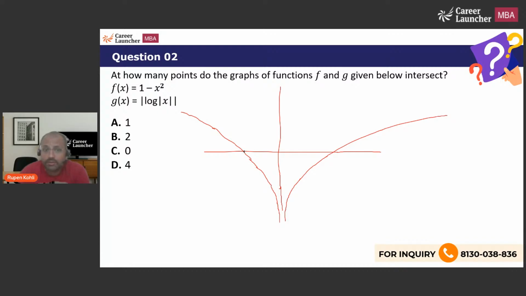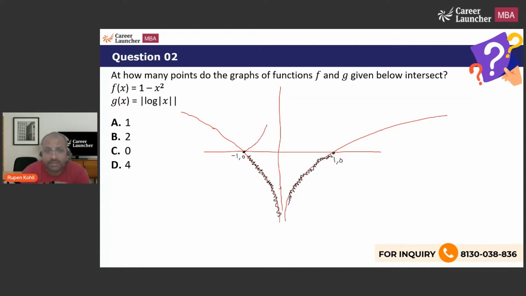So now this is the point minus 1 comma 0. This is the point 1 comma 0, through which this log of mod x graph passes. Now the negative branches will be cut off, and they will be replaced by their positive values, right? So I'm cutting these off, and I'm replacing them with their mirror image about the x-axis.